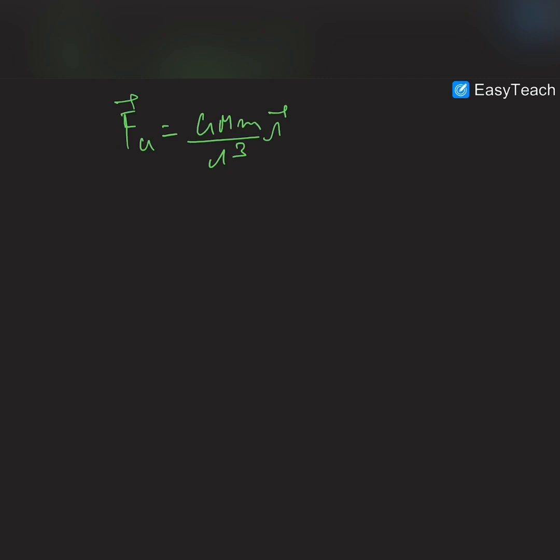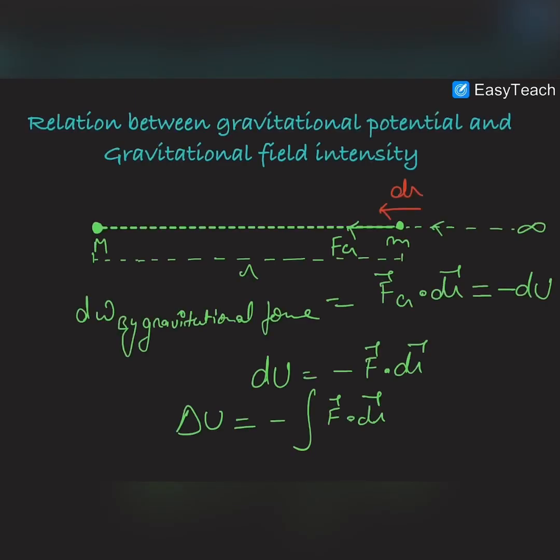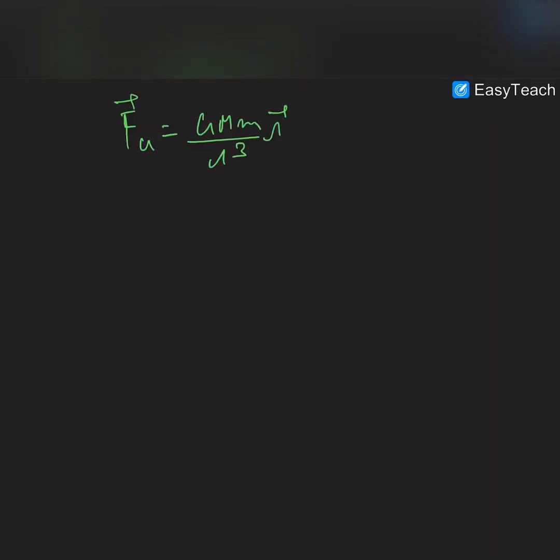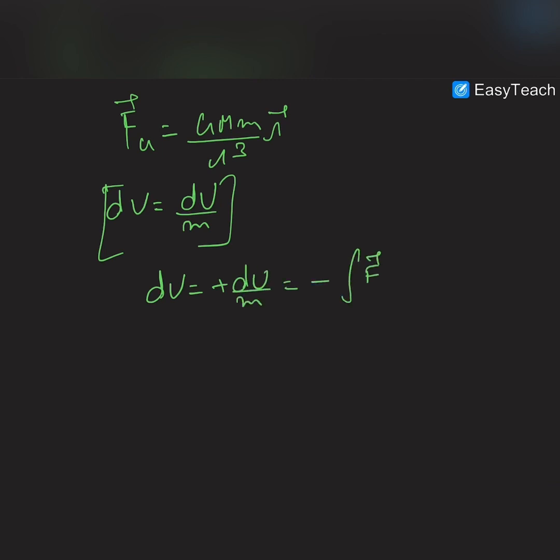Okay, so this is the potential energy and we need to find out the potential, so dV is equal to dU by m, which we have already discussed, that potential is equal to potential energy per unit mass. So dV would be equal to plus dU by m, and dU is equal to minus F dot dr divided by m.